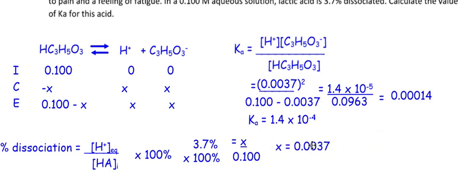That's my X. So now I can plug it in. I didn't assume anything, because 0.1 and 0.0037 isn't that far apart from each other. I got 0.00014, so that's my Ka.